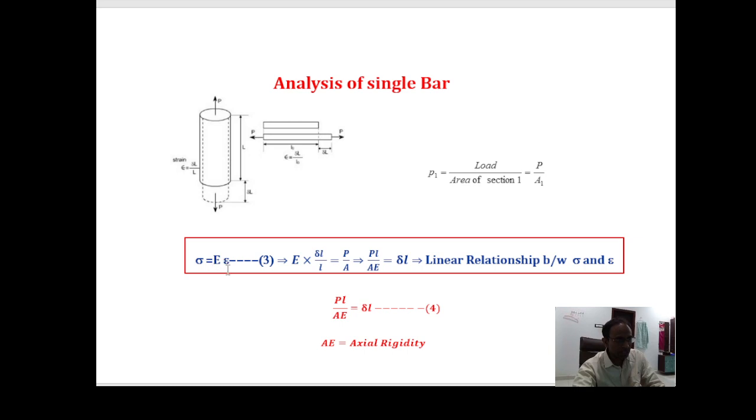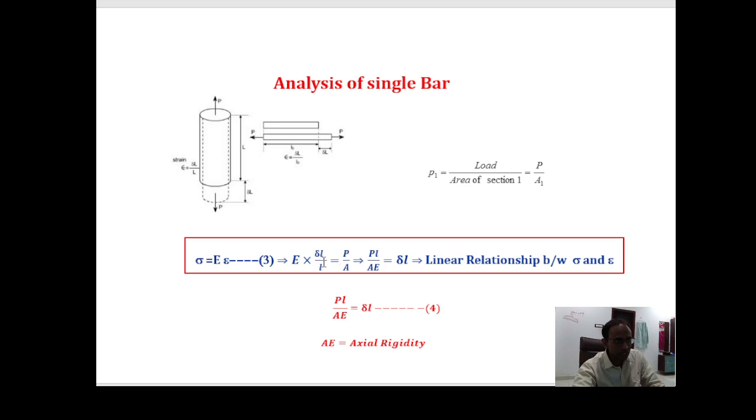Sigma is nothing but E epsilon. Now we already have the formulation for strain, so let us substitute that here. In place of epsilon, you can write delta L by L, and that is equal to load by area, because stress is nothing but load by area.